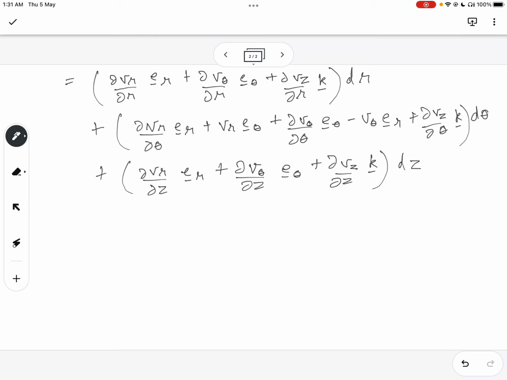Now dr is nothing but dx dot er, d theta is 1 by r d theta dot dx, and dz is dx dot k.